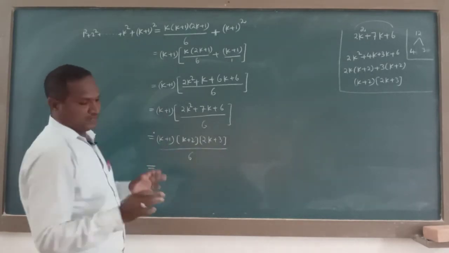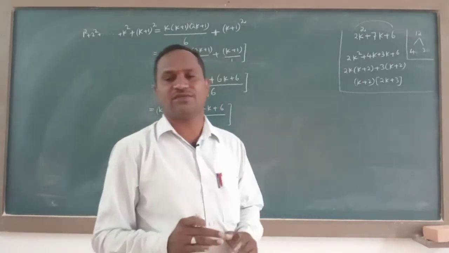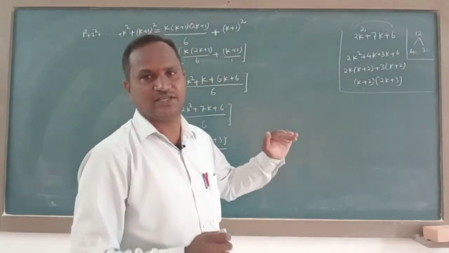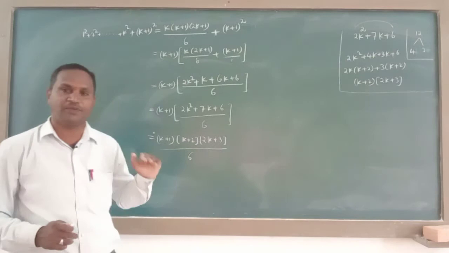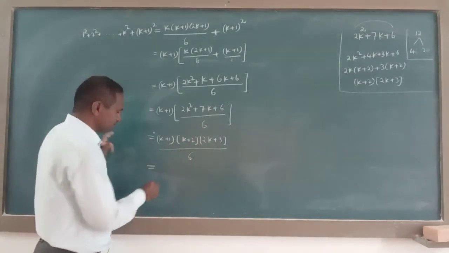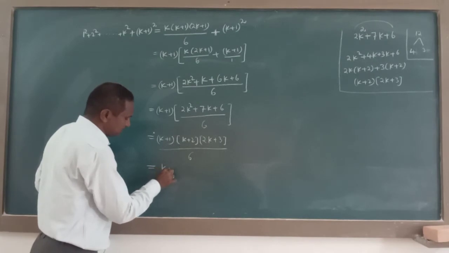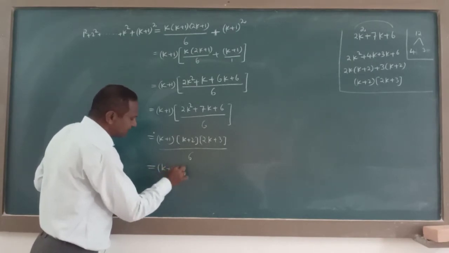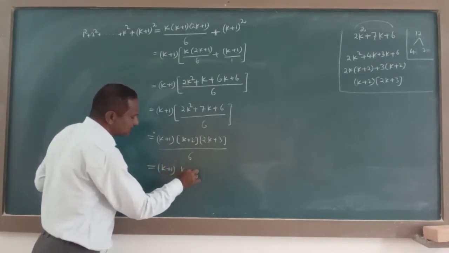Finally, the answer must and should be in terms of k plus 1. At the final stage you should get the answer in terms of k plus 1, which means you should write like this: k plus 1, and k plus 2 can be written as k plus 1 plus 1.